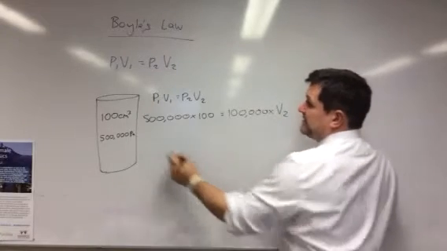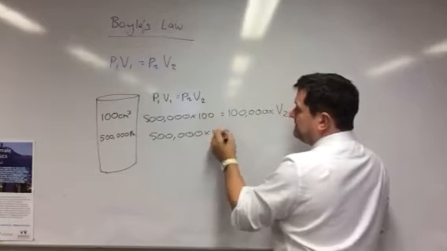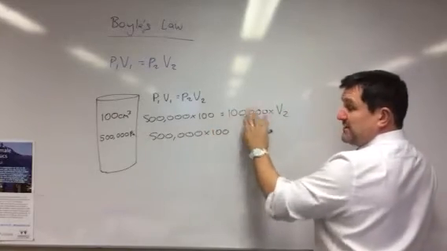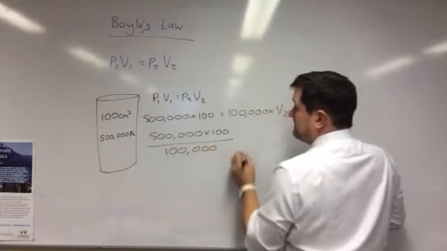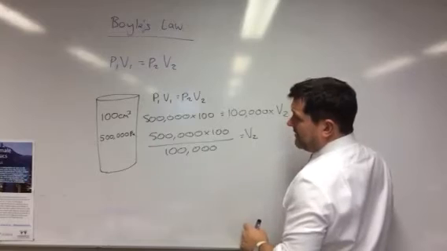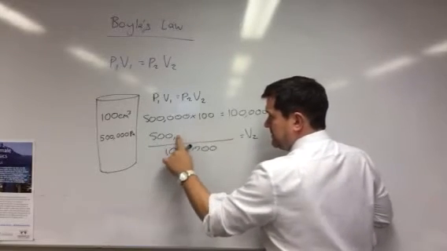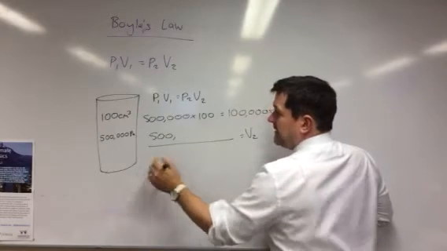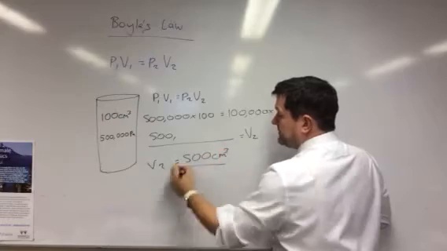So in order to work out V2, we'd say 500,000 times 100. Now we're multiplying on this side, so we'll divide both sides by 100,000. And that equals V2. So if we look here, we can get rid of 100,000. That means that V2 equals 500 centimetres cubed.